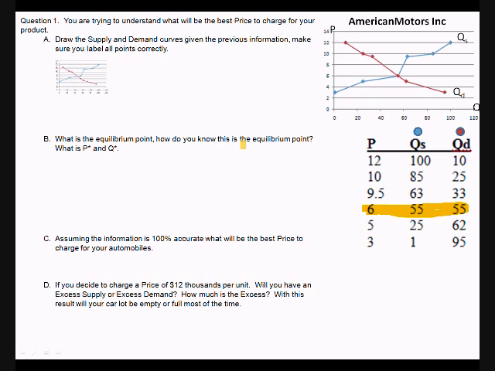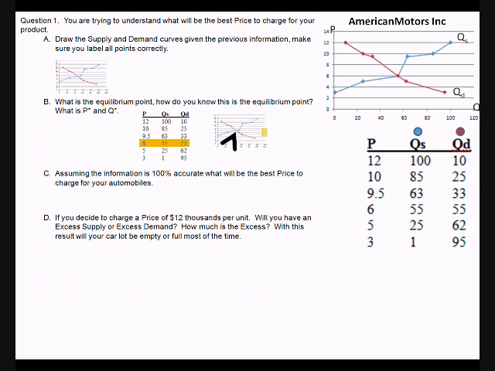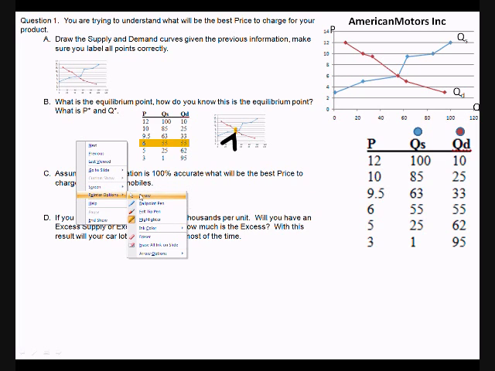So that's basically the answer there. How do we know it's the equilibrium point? Because the quantity supplied is 55 when the price is 6, and the quantity demanded is 55 when the price is 6. So we can tell because it's where they both meet. That's how I would answer that. So that's basically what we got. That's B, and of course the equilibrium price, here we go.